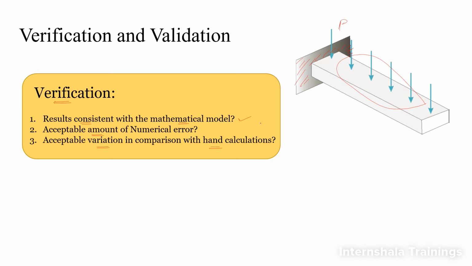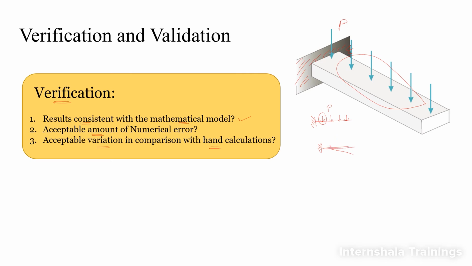By using common sense, we can say that when we apply a force like this, the force is in the downward direction, which means the cantilever beam should bend downward. Is it true or not? This is how the cantilever beam has to bend based on the application of forces.